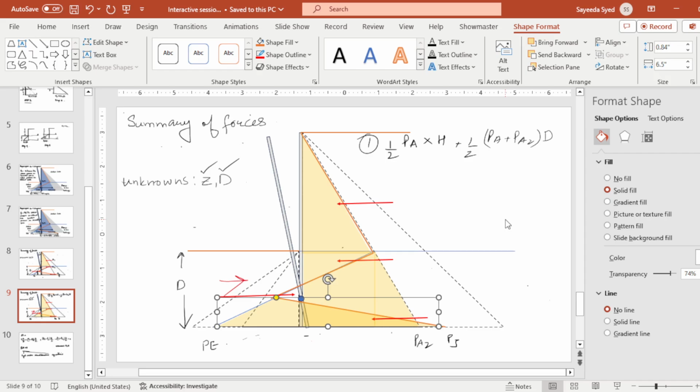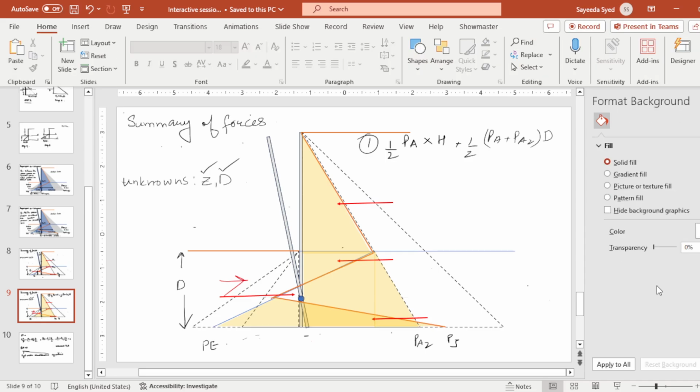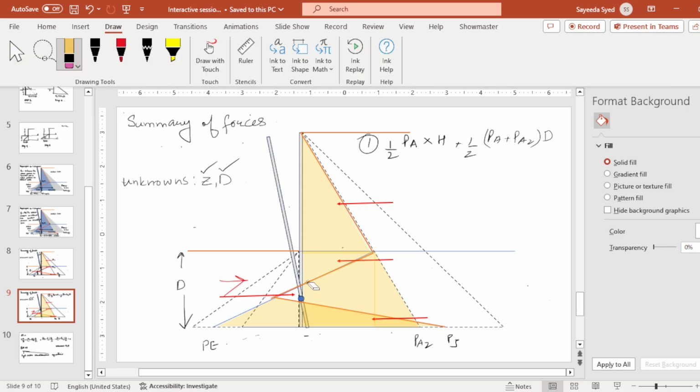You see now, if you can see, what is it that we don't want in our diagram and already have. We don't want this portion.